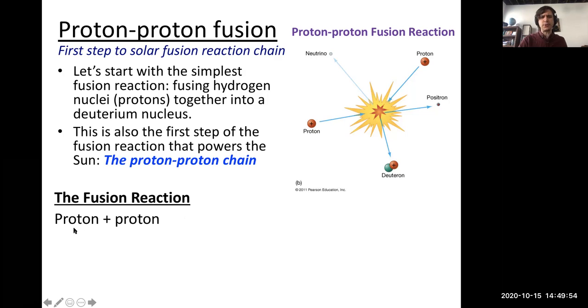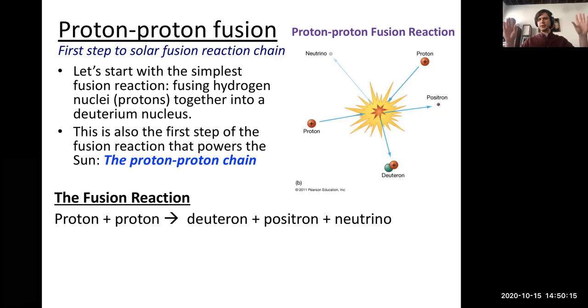So we're going to take a proton and fuse it with another proton. And what we're going to get out of that is a deuterium nucleus, a deuteron. We're going to get a positron, the antiparticle of the electron, just like the electron except with a positive charge, the anti-electron, and a neutrino. So all of those are going to be released during this fusion reaction.